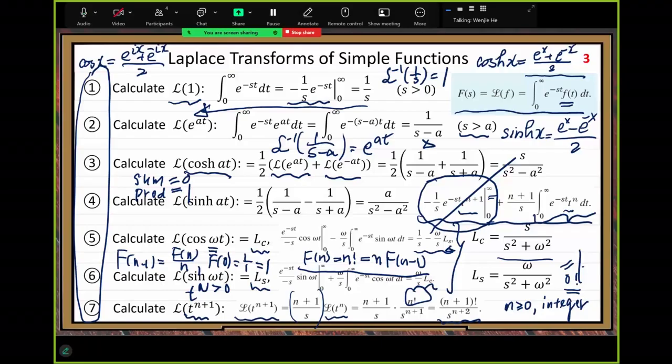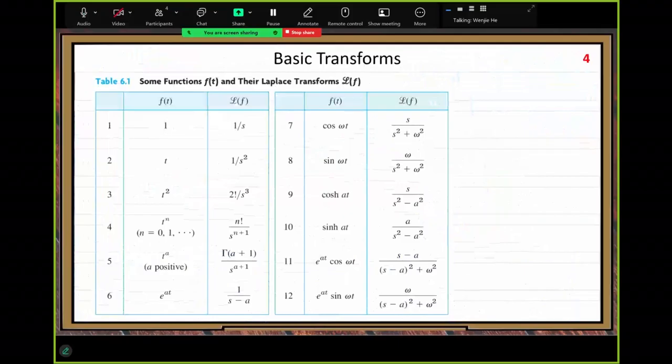Okay, all right. Let me answer this question first. In order to calculate this function, we need to understand these basic formulas. Before I calculate, here I just copy the table from the textbook.